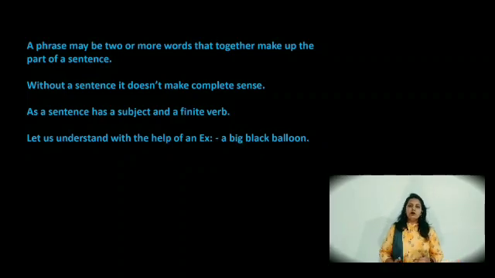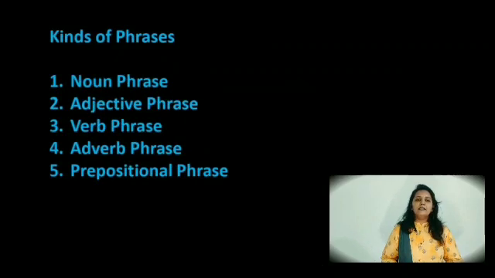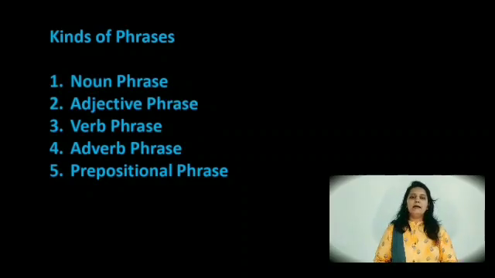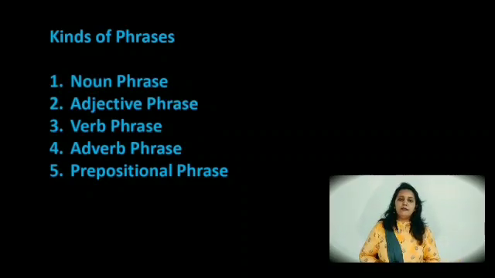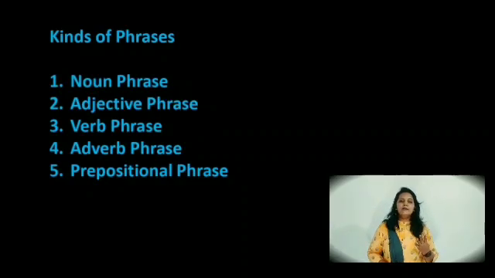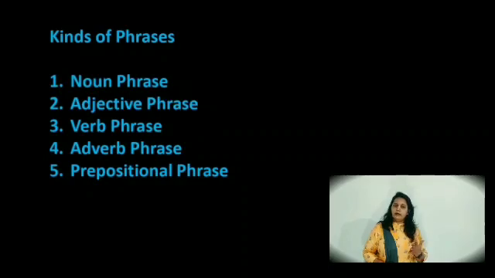Now let us move on to the other step, that is, what are the kinds of phrases? We will study all the 5 phrases in a detailed manner. There are 5 different kinds of phrases: first, the noun phrase; second, the verb phrase; third, the adjective phrase; fourth, the adverb phrase; and fifth, the prepositional phrase.